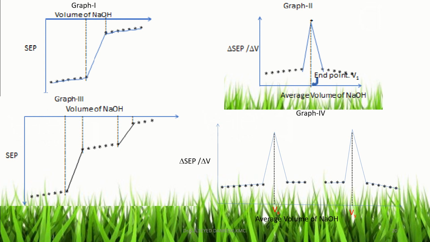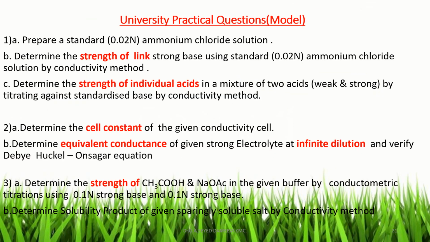Vx is the volume of sodium hydroxide required to neutralize the HCl in the mixture, and Vy is the volume required to neutralize both the HCl and acetic acid in the mixture. Therefore, Vy minus Vx is the volume of sodium hydroxide required to neutralize the acetic acid in the mixture.